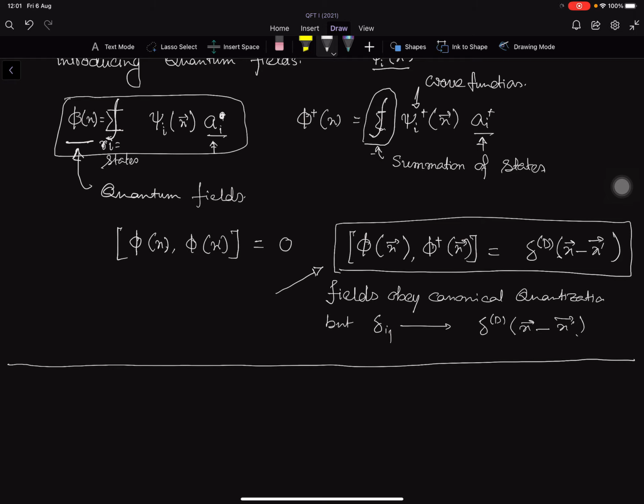This step is often known as second quantization. But this phrase is misleading because we never quantize a system a second time. This commutation relation just follows from the quantization that we have done once for the individual quantum systems. In the later half of the course, we will see that we only start from a classical field and quantize it.